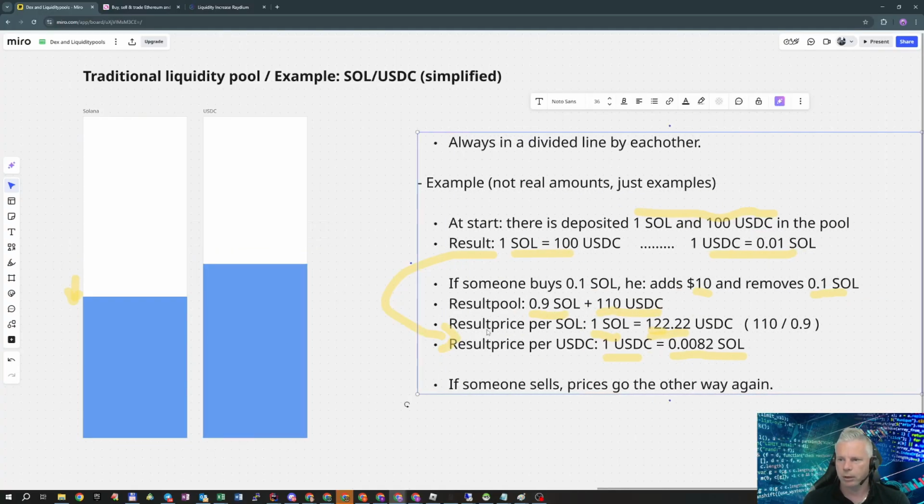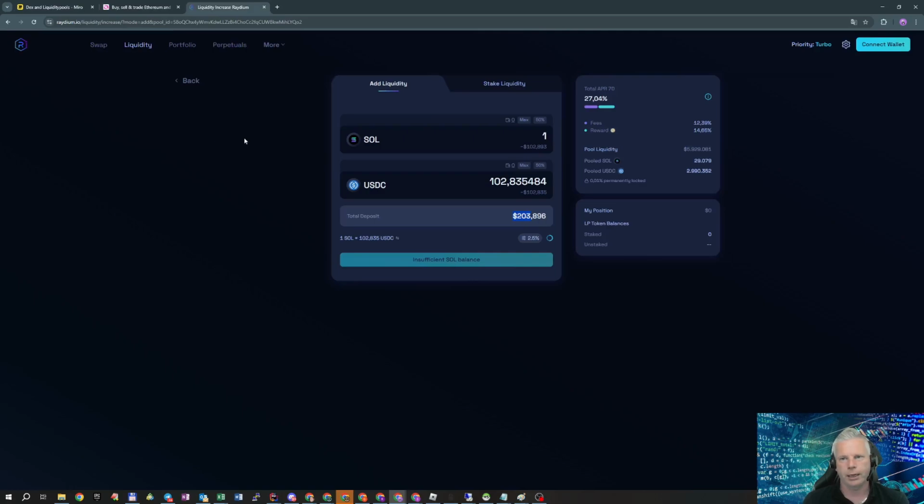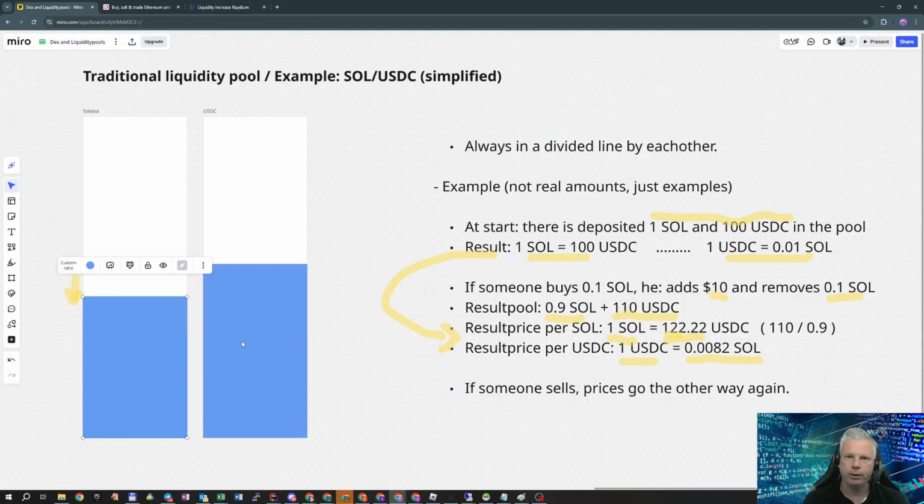If you're not having the same price, that will mean that you would be influencing this if you would only add USDC or Solana. So you will always add exactly the same amount, so you're only thickening the amount of liquidity in the pool and not influencing the price.